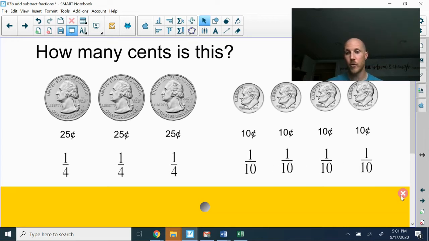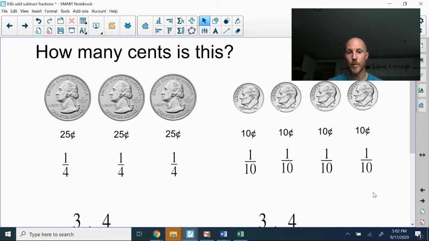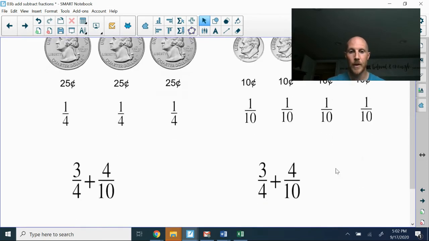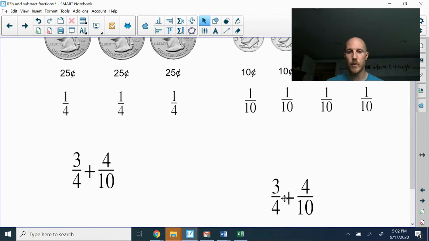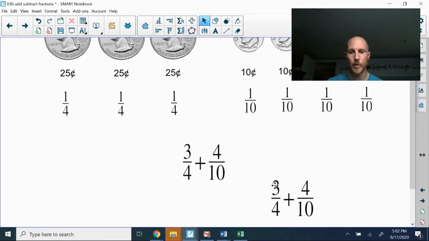I'm going to change this to an addition problem involving fractions. I'm going to do this twice. We'll hide this one for just a moment. All right, so I had the 3/4 from the left side, and I got the 4 dimes from the right-hand side. So I've got 3/4 plus 4/10.